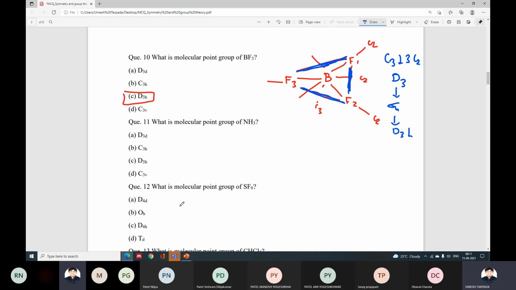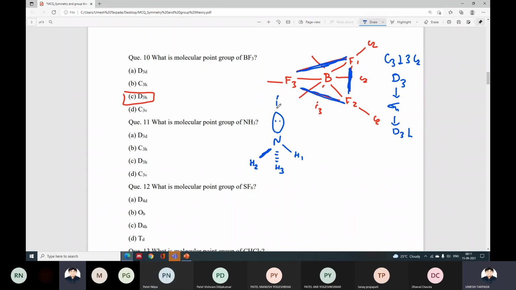What about ammonia? It's a trigonal pyramid with a lone pair of electrons. Which one is the principal axis? C3.